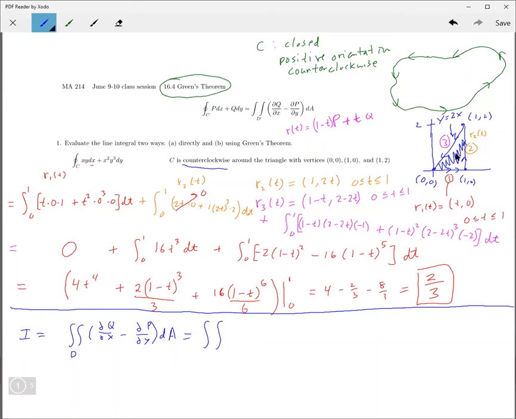Okay, so we're integrating over this region. Let's first figure out what the partial of Q with respect to x is. So here, this is our Q, right? So what's the partial of this with respect to x? X cubed over 3 y cubed gives 2x y cubed.